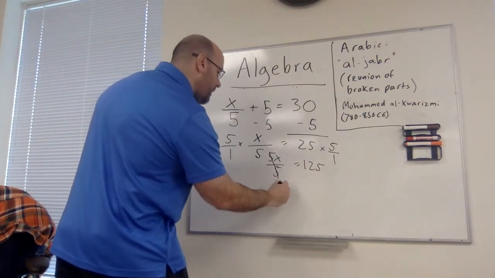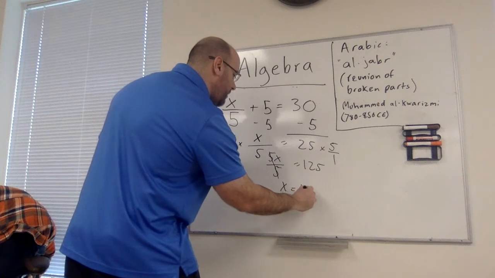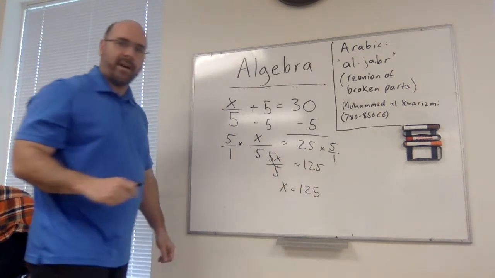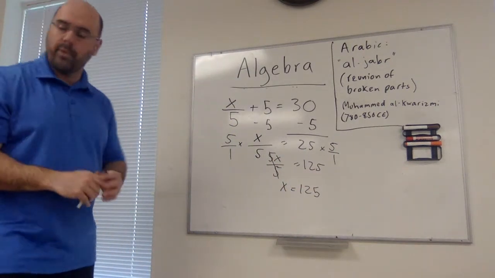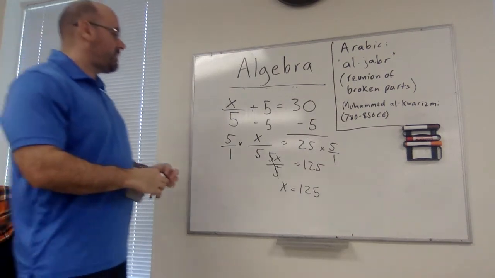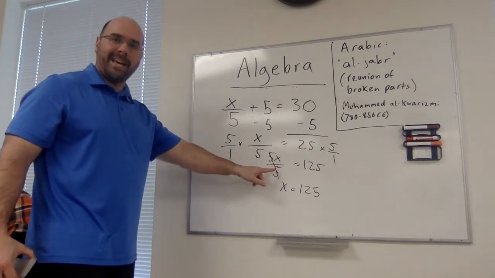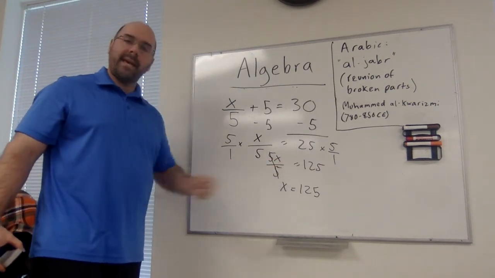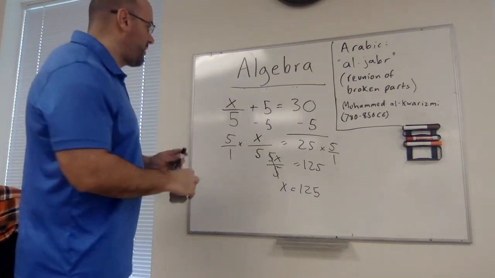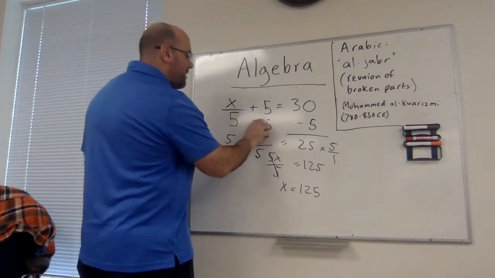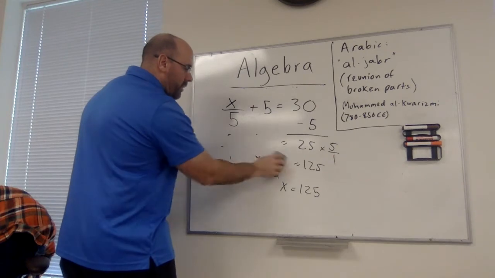Cancels out. X equals 125. How'd you do that, Mr. Adam? Well, what I did was I socially isolated x, and then I reunited x to what it was originally, 125.